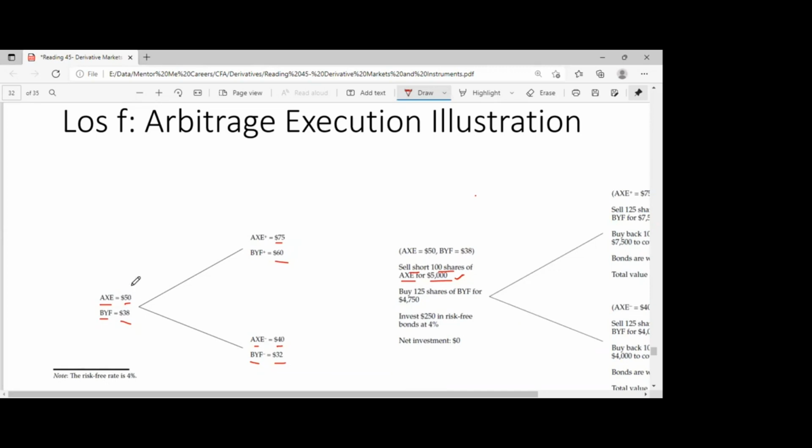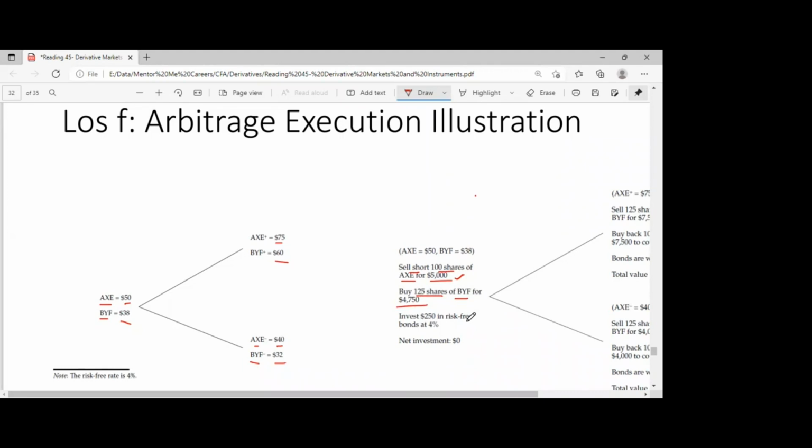ठीक है, $50 इसकी प्राइस थी, तो 50 into 100 gave us an inflow of 5000 from short selling AXE. ठीक है, now we'll utilize these $5000 to buy 125 shares of BYF for 4750.